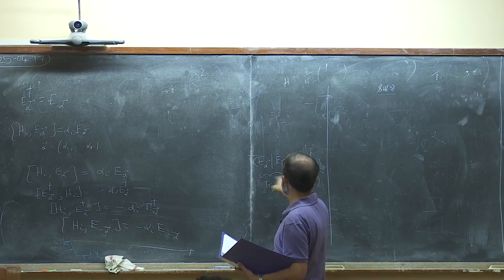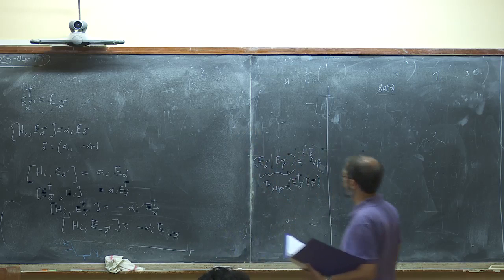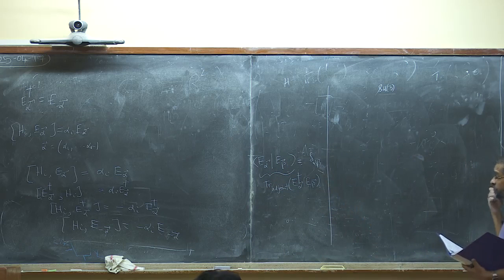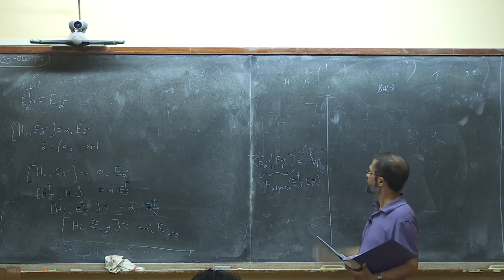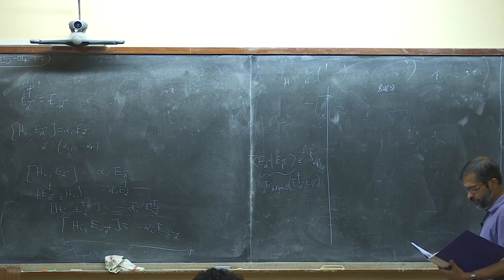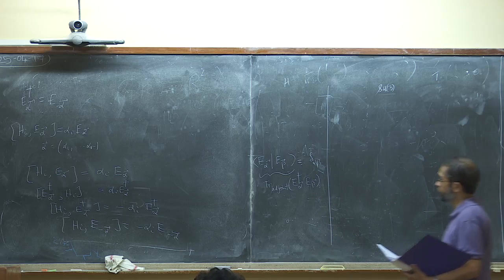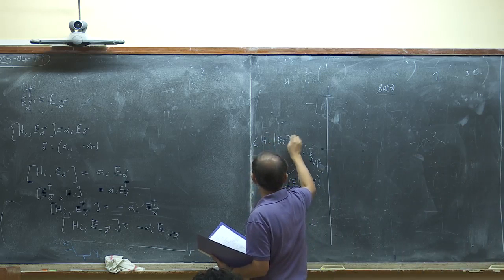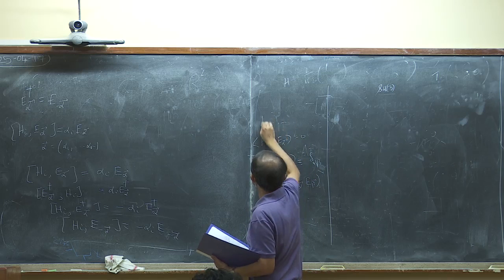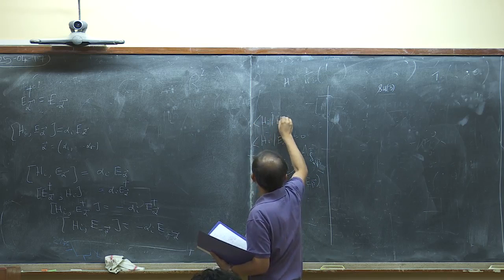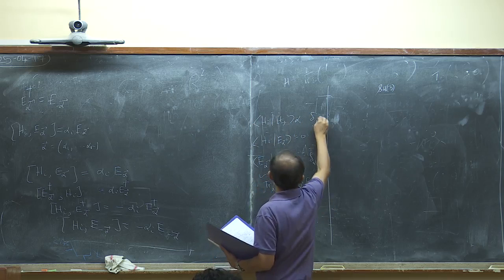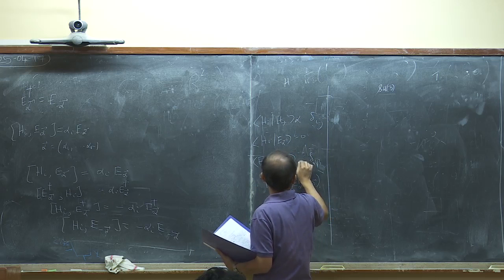What I'm saying is that from the fact that these E alpha or E beta kets are simultaneous eigenvectors of H1 or H2 or any of these Hermitian operators, it means that these satisfy this orthogonality relation, and similarly HI with E alpha is of course 0. So this is proportional to delta alpha beta, and this is proportional to delta ij.